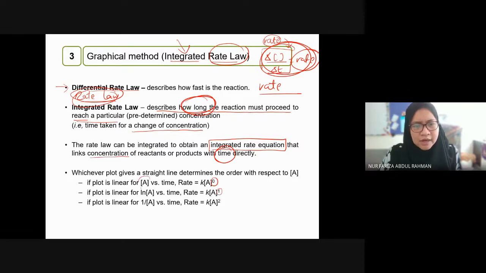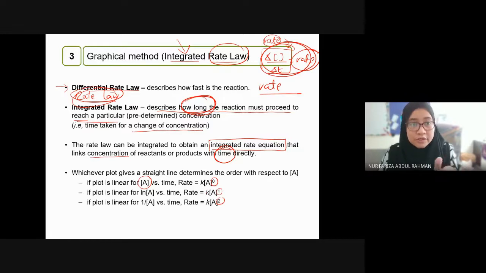Okay, why does it need concentration? For the first one, why concentration versus time? Secondly, why ln A? Only then does it become power 1, order 1. For the next one, why 1 over A? Then it becomes power 2, or second order. Okay, the reason is because of the integrated rate law.